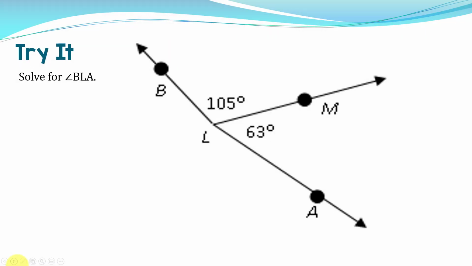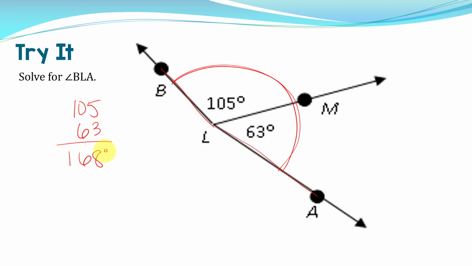All right, let's try one. If we know the angle addition postulate, then we could get the measure of angle BLA. So that goes all the way here. So we simply add up 105 and 63, and we get 168 as the measure of angle BLA.